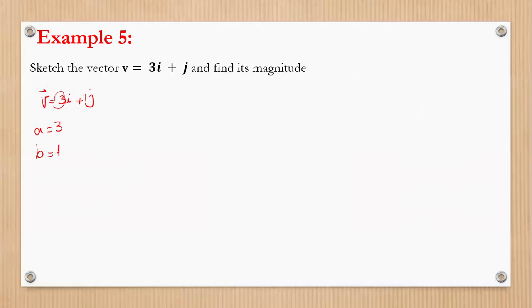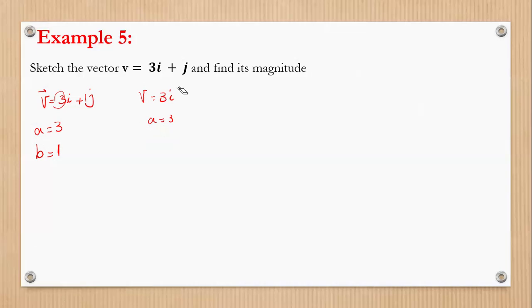And there's no number, it means it's 1. But if I give you this vector, just 3i, and it doesn't have any j, you can say a is 3, but b is 0, because there is no j, means b is 0. But if there is a j, it means b is 1.